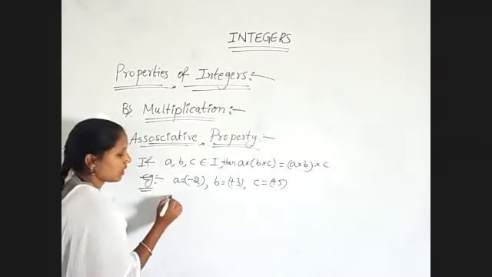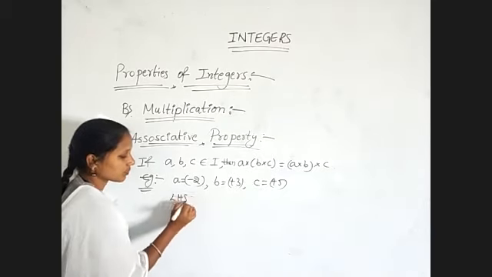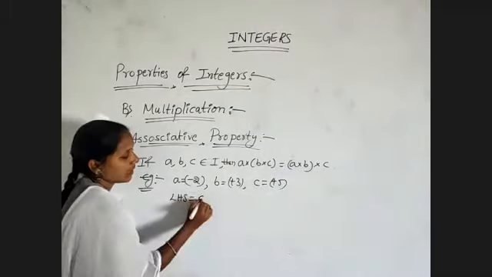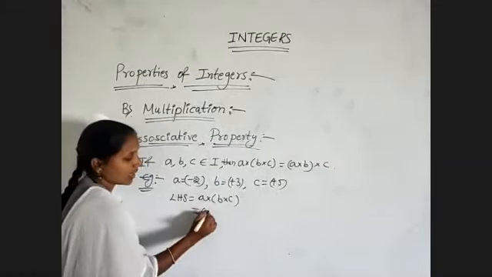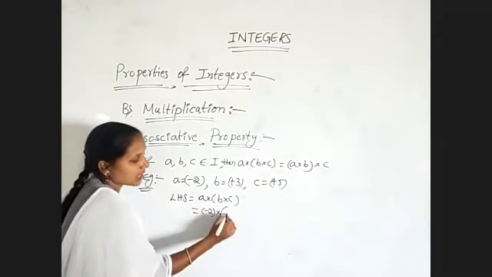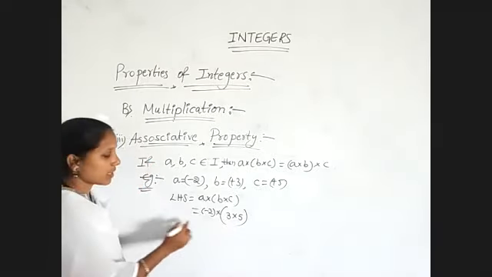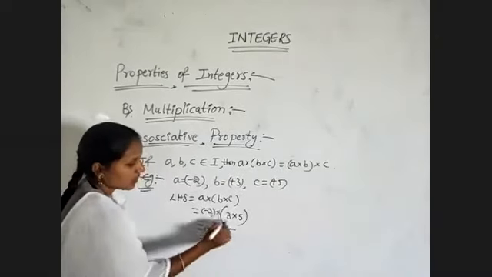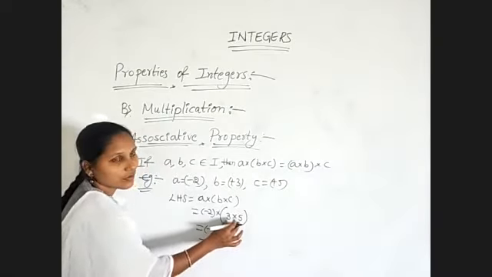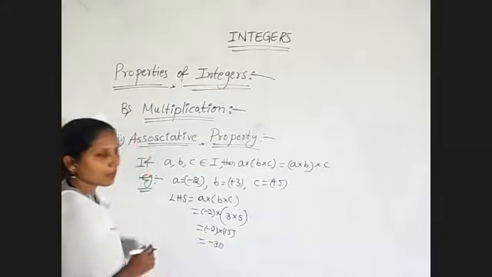I am taking a into b into c, that is LHS, now. a into b into c is equal to minus 2 into 3 into 5, so minus 2 into 3 5s are 15. Because the bracket is there, we have to finish this operation first. So 15 2s are 30, and minus into plus is minus. So minus 30 we got.